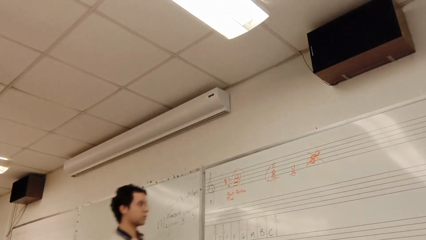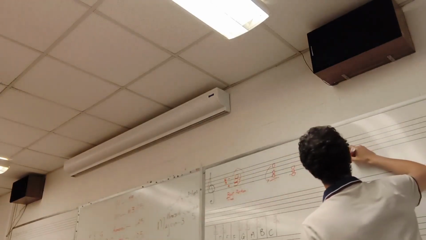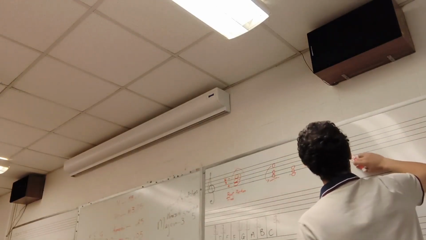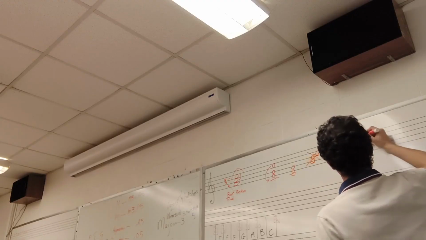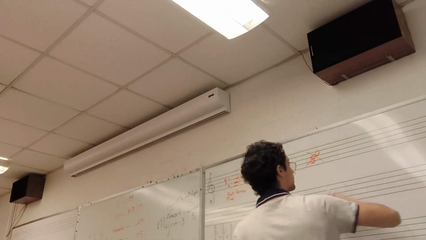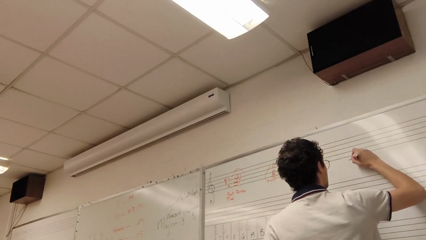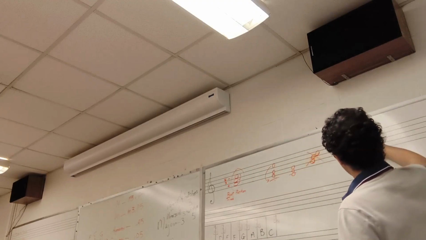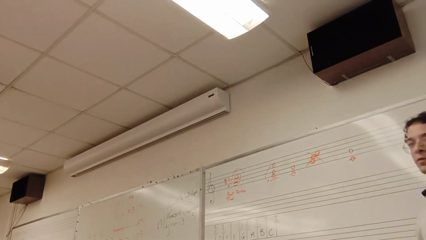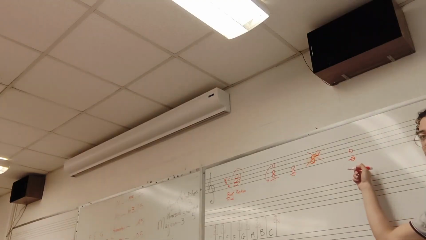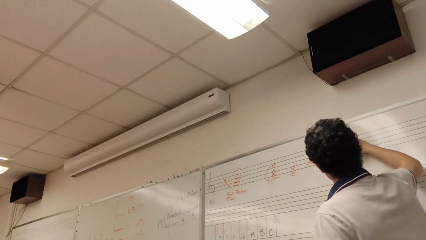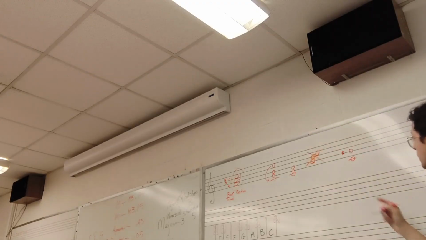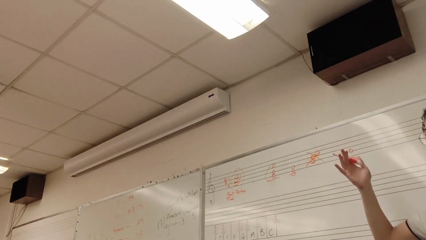So if we go back here and look at a C, not necessarily C major, but just a C, we know that G is what type of fifth from C? Perfect fifth. If I put a sharp here, and I'm making that a G sharp, how much larger is that from the original G?